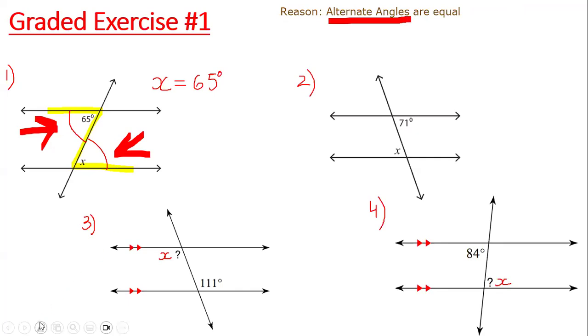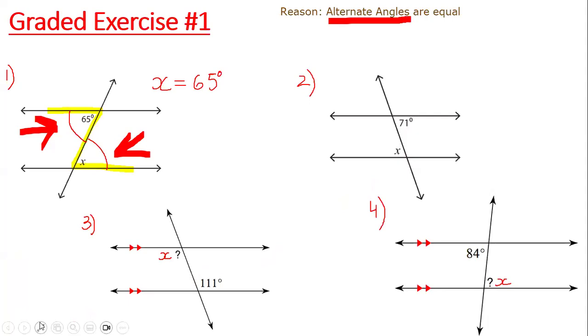What else do we have? We have number 2. Does anyone volunteer for number 2? What is X in number 2? X would be 71 degrees. Why would y'all say 71? Don't we have to subtract from 180?